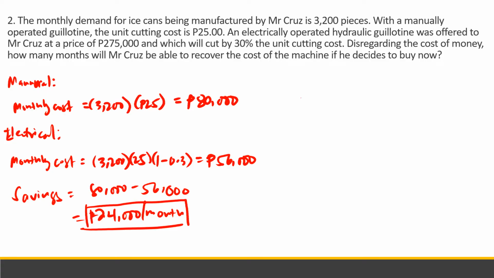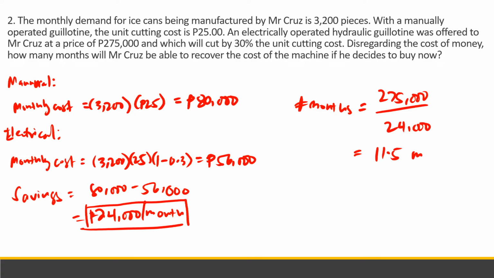So, the number of months is equals to the price of the machine over 24,000, which should be equals to 11.5 months. So almost a year bago siya actually makapag-start. So that is for the problem number 2.